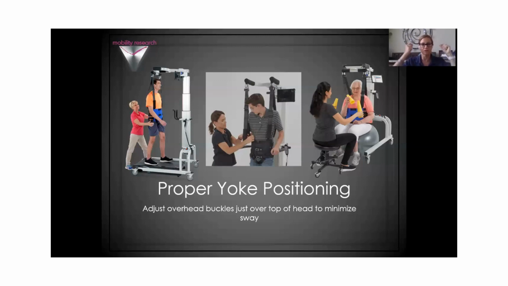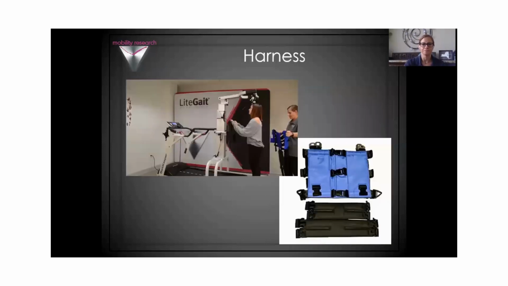And we do that because there's 2 points of contact. So if I have a client who has right-sided pain, weakness, maybe weight-bearing restrictions, I can unweight that right side and not necessarily unweight their left side if I don't want or need to. So I'm, again, getting as close to normal as possible.